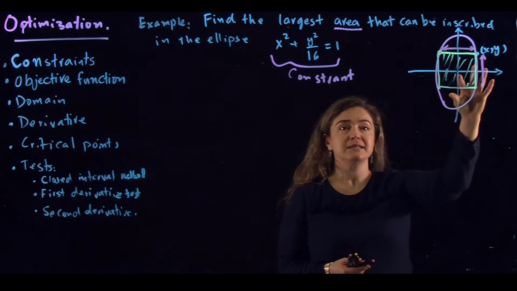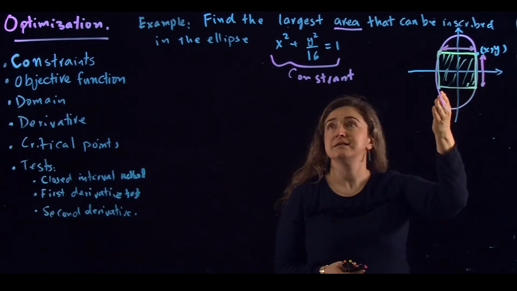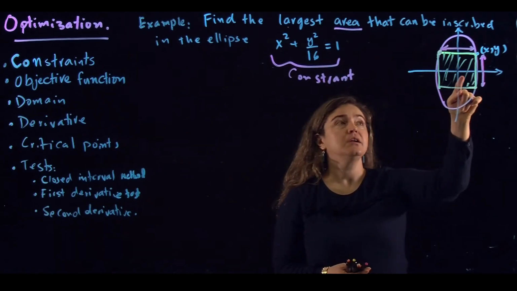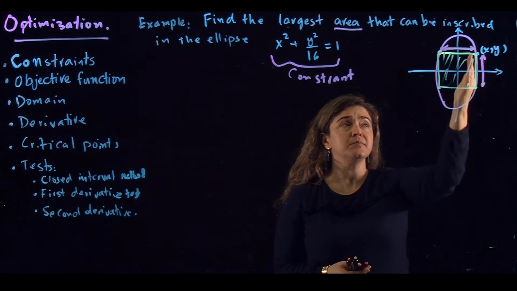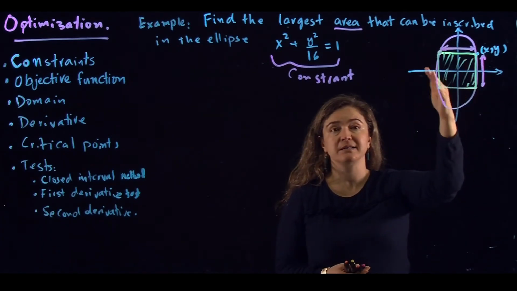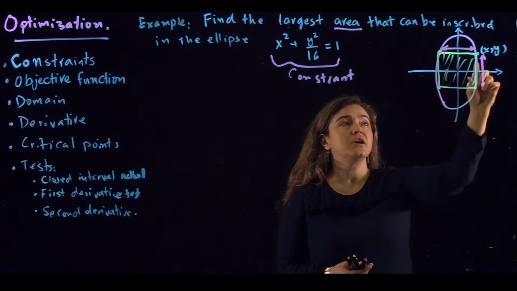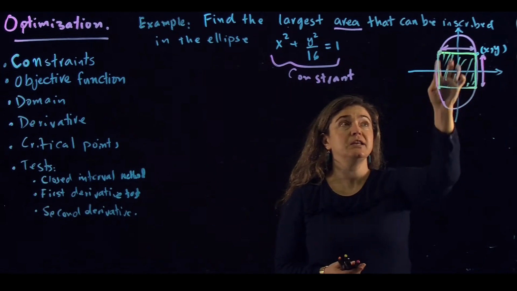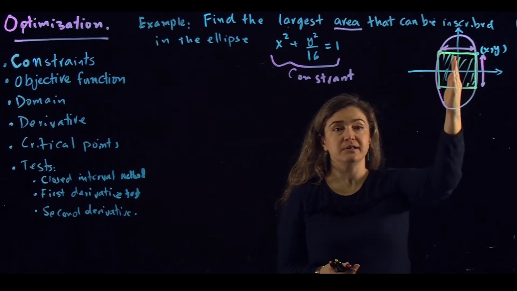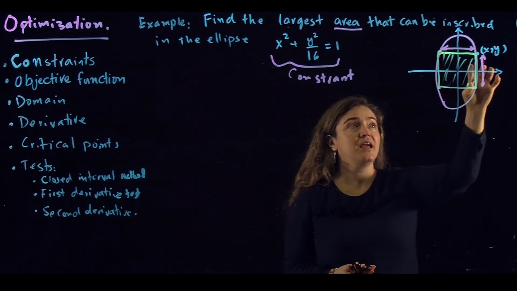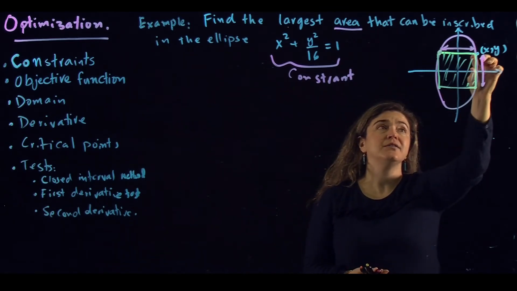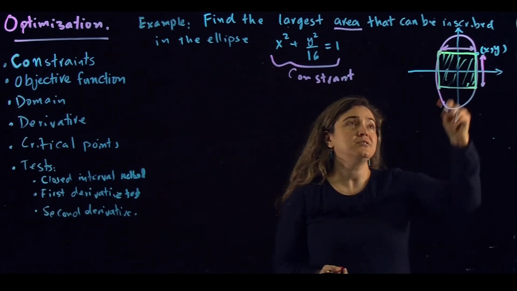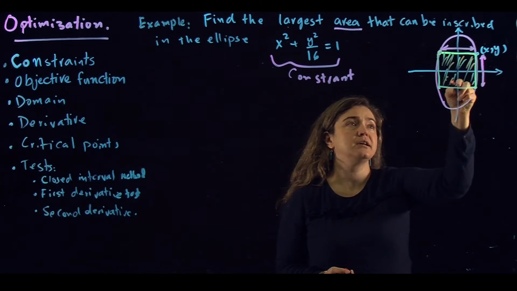Now, looking at this, since the ellipse is centered at the origin, the ellipse is very symmetric about the x and y axis, and therefore I can say that the rectangle inscribed in it is going to be very symmetric about the x and y axis, and I will have basically 4 pieces to worry about, and each piece is congruent.